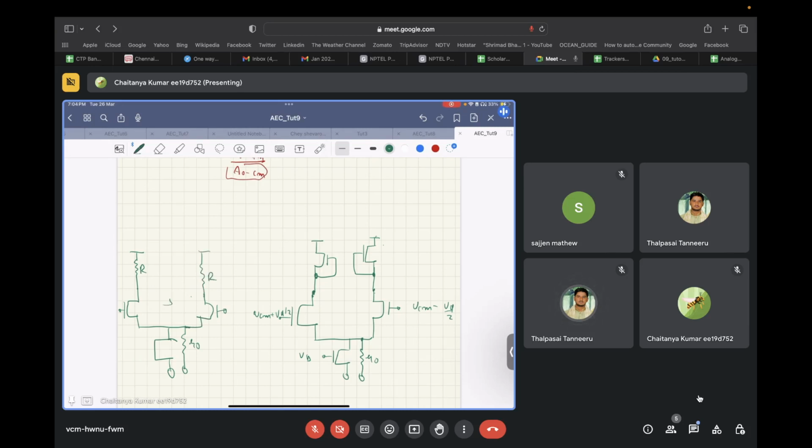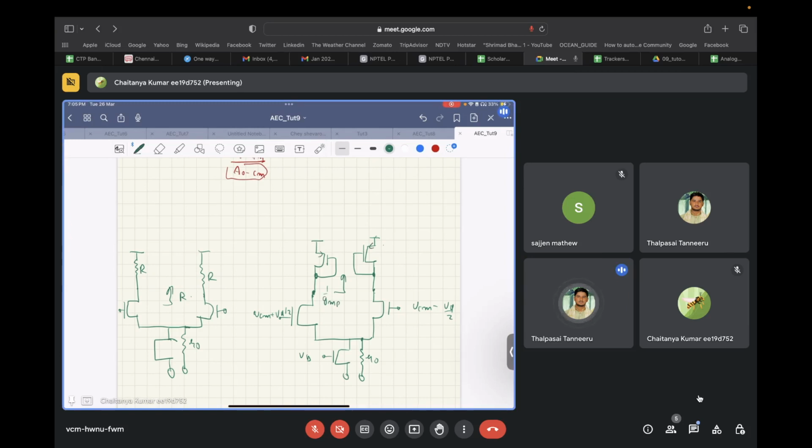So what is the looking-in load in this case? R, sir. What is the looking-in load in this case? 1 by GM. Let's call this GMP because it's the GM of a PMOS.